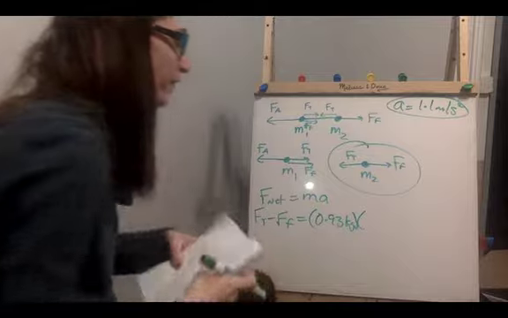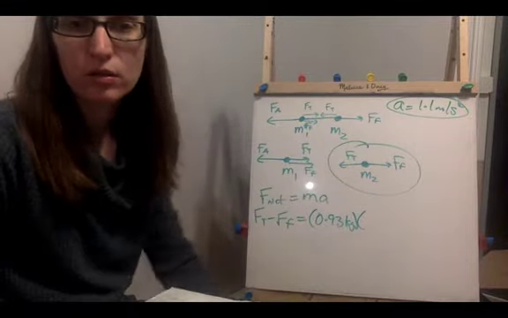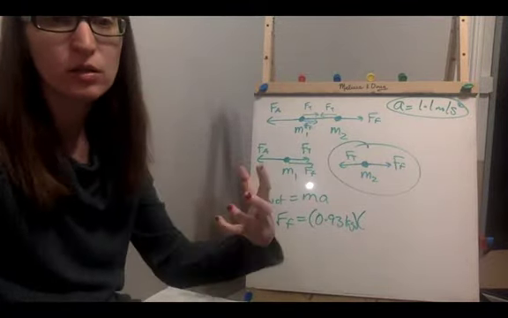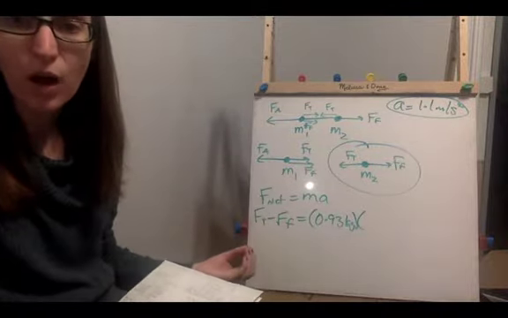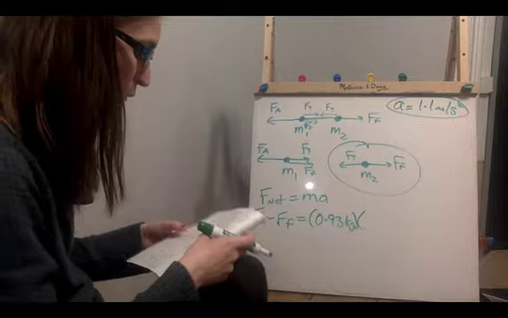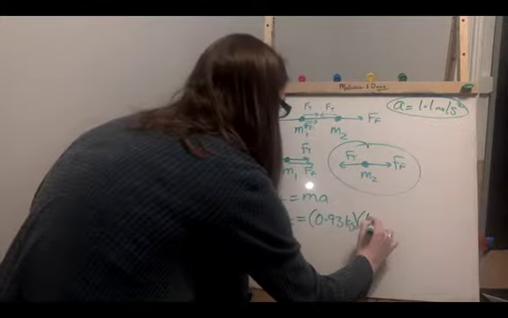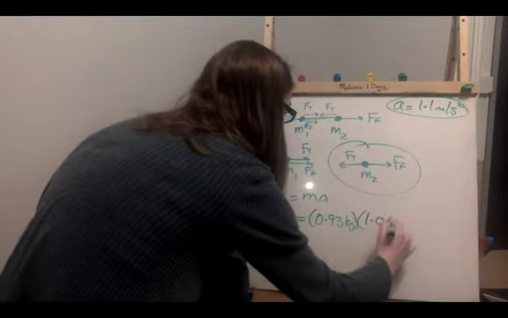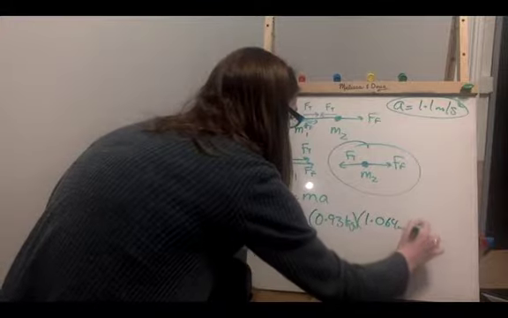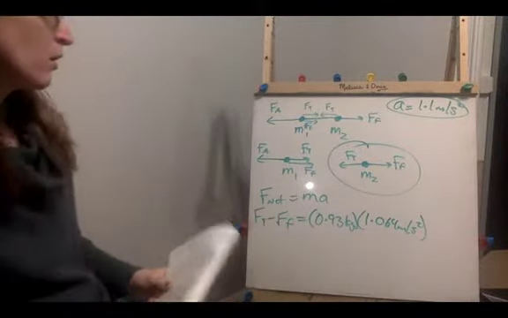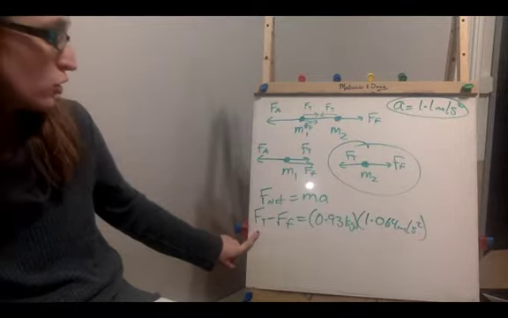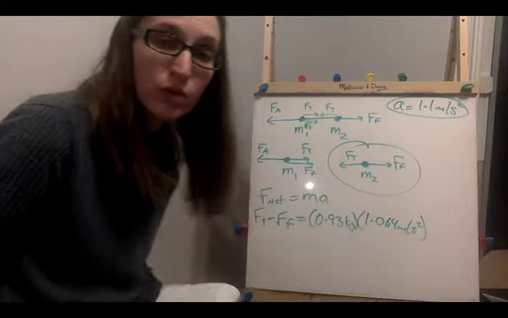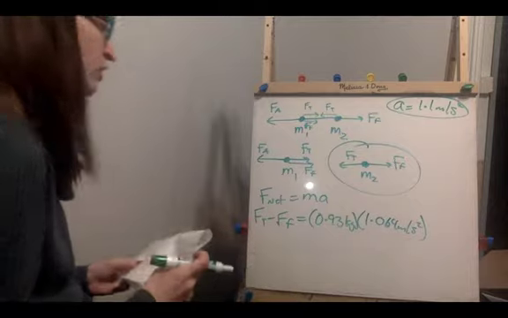And we know from that first bit what the acceleration is, right, because the acceleration is of the system, which means that's the same acceleration of each individual mass as well. So we can use that 1.1, or we can go back and use our actual non-rounded value of 1.064 meters per second squared for acceleration, right? And remember, what we're trying to solve for here is force of tension. So what we need to do is just add the force of friction to both sides, and we get force of tension on its own.